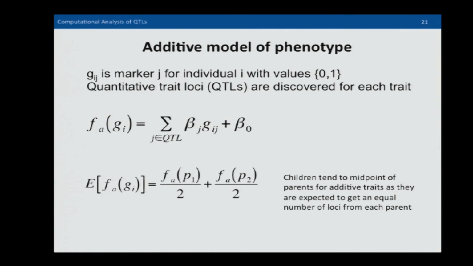It's simply going to be a very simple linear model. For each particular QTL that we discover, we assign an effect size beta to it, or a coefficient that describes its deviation from the mean for that particular trait.